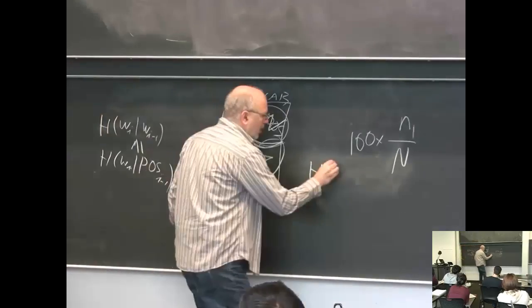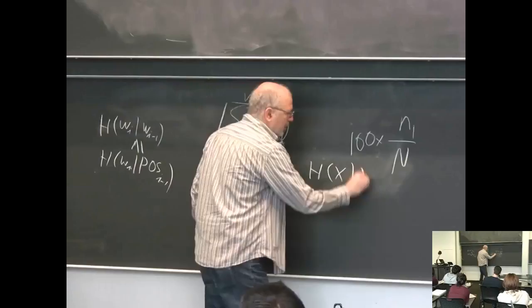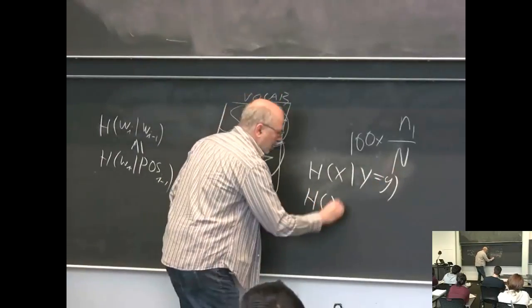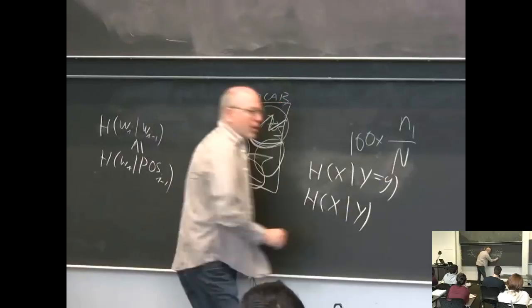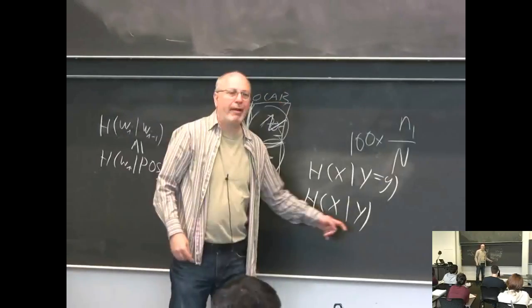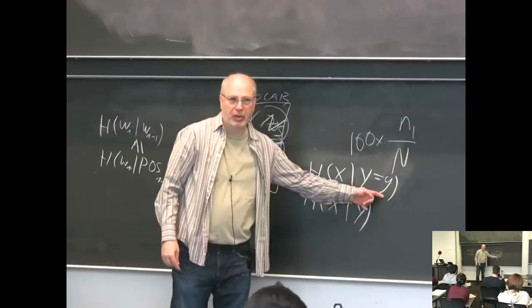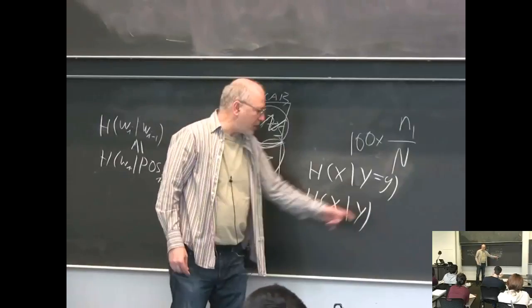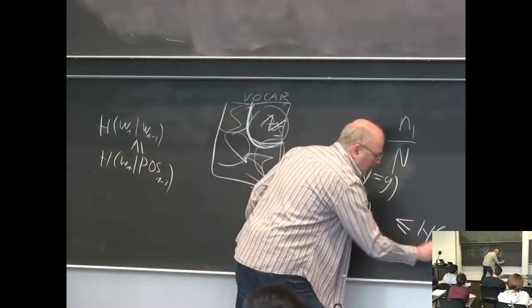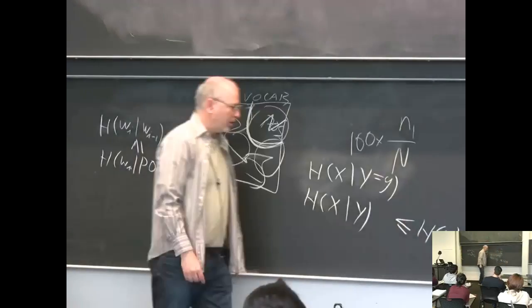It has to do with something of this versus this. Do you remember we talked about average conditional entropy versus conditional entropy under a particular condition? And I emphasized in class that this is always less than or equal to this.